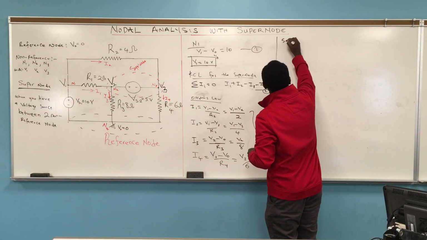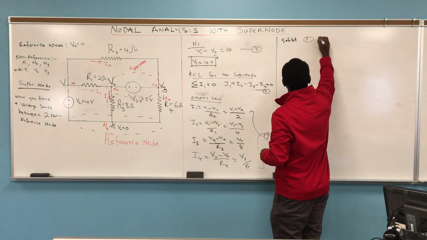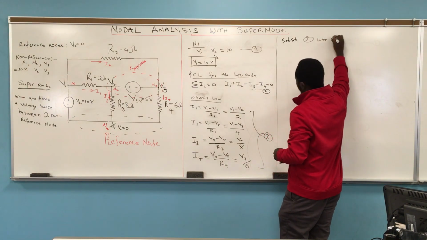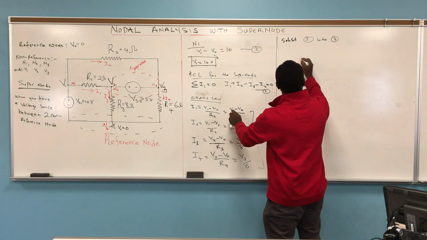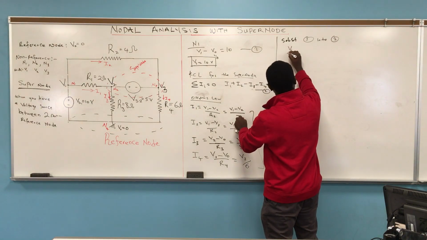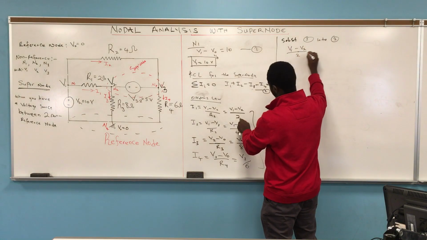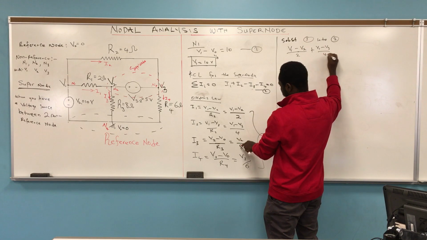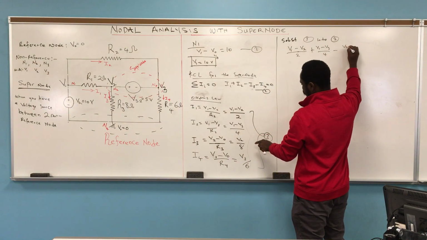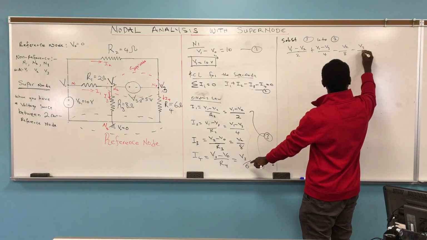So I'm substituting all of 3 into 2. Instead of all these I's, I'm going to have these values. So we have V1 minus V2 over 2 plus V1 minus V3 divided by 4 minus V2 divided by 8 minus V3 divided by 6.